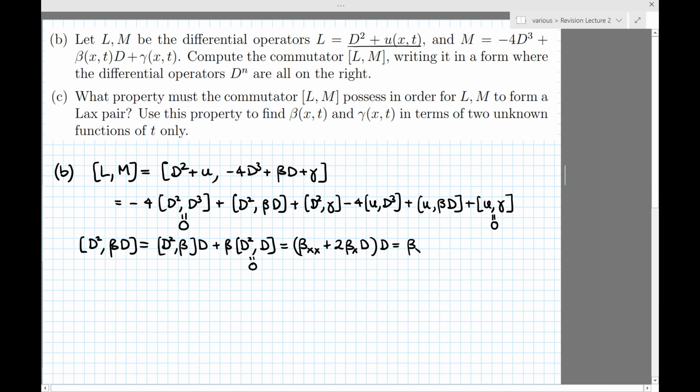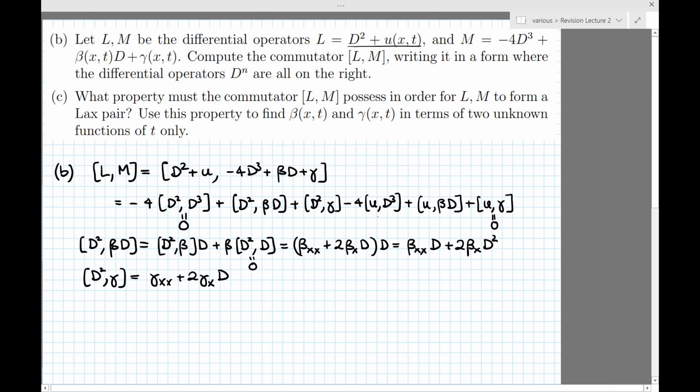So this is beta xx d plus 2 beta x d squared. Similarly, for d squared commutator with gamma, this is equal to gamma xx plus 2 gamma x d.